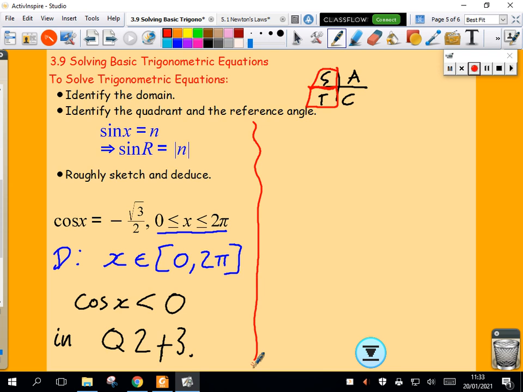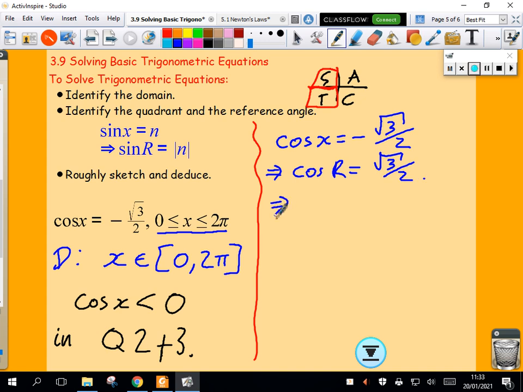The next thing is to find the reference angle. And again, to find the reference angle, I'm going to say, well, cosine of x is given as being negative root 3 over 2, which means that cosine of the reference angle will be the absolute value of that, positive root 3 over 2.